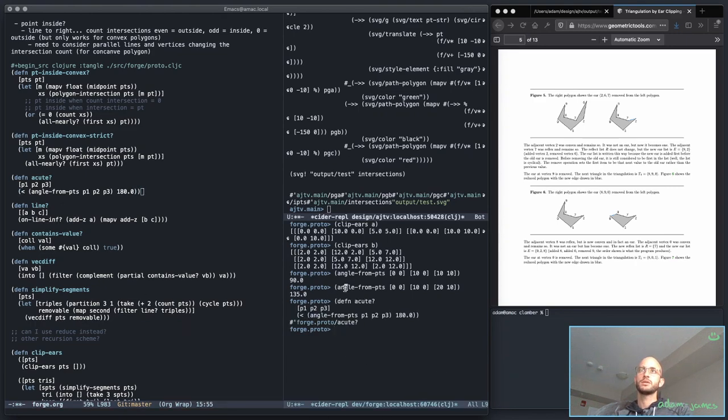Right, so this, oh wait a second, acute, that's the wrong word for it, right? Acute is less than 90. Oh, this is horrible because I'm pretty sure that if I run that on this, angle from points will still give me less than 180.